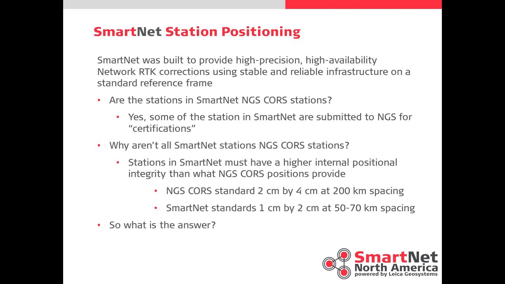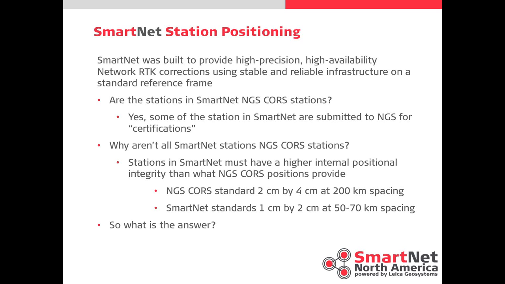Well, the stations in SmartNet must actually have a higher internal positional integrity than what NGS can provide. So NGS CORS standards are 2 centimeters horizontally, 4 vertically at a 200 kilometer spacing. Our standards require us to hold a 1 centimeter by 2 centimeter tolerance at a 50 to 70 kilometer spacing.